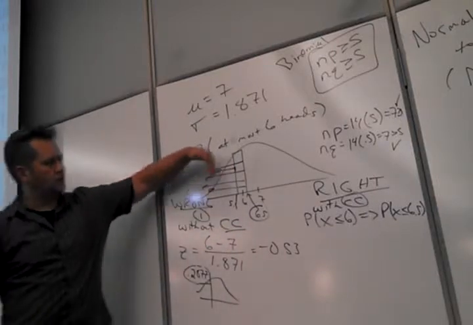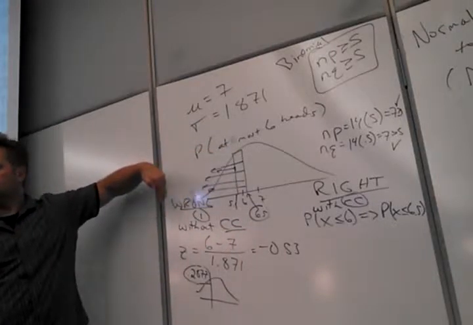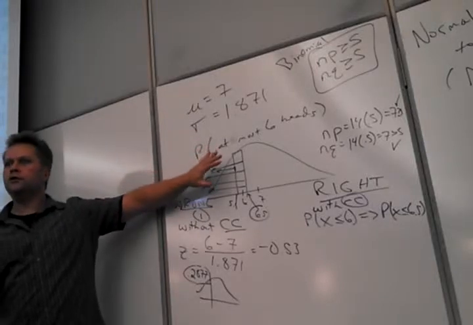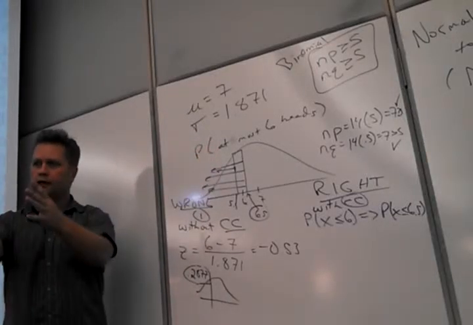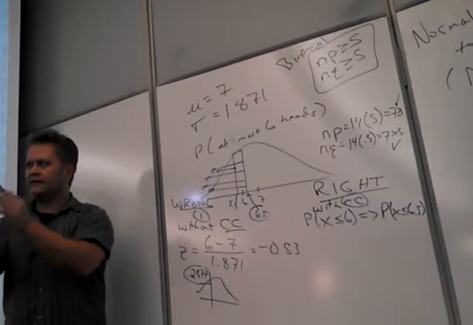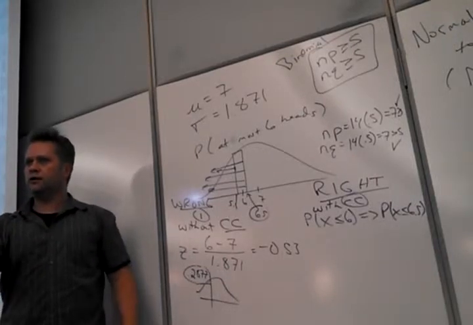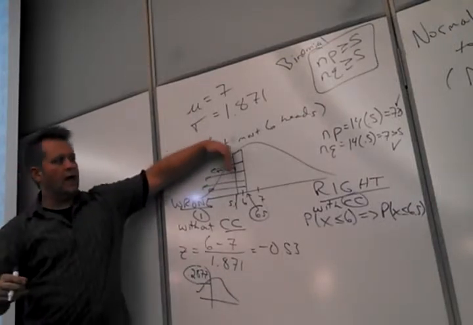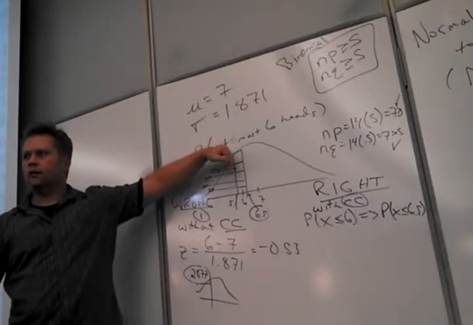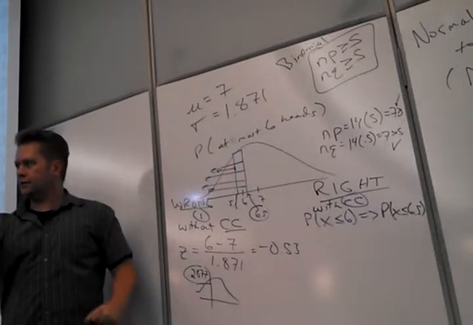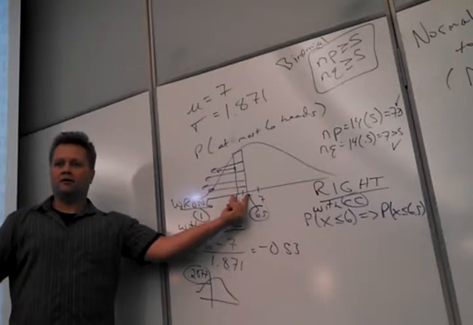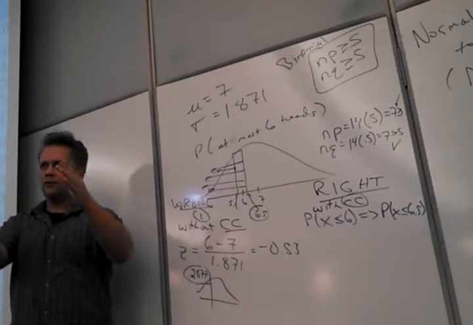No. But if I start at the back wall and go this way, I do include the bar. And I want to include 6, don't I? Because this is at most 6. If I said less than 6, where would I have wanted to start? 5.5, because I wouldn't want to include 6. And what represents 6? This bar. So you just have to start on one side of the bar or the other.